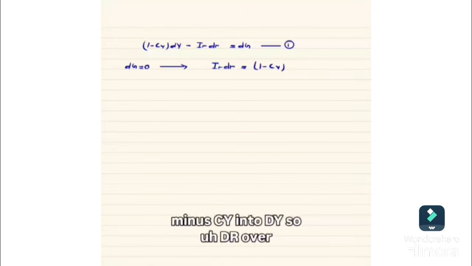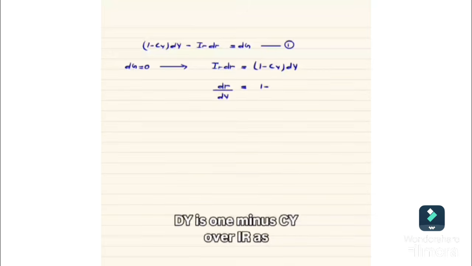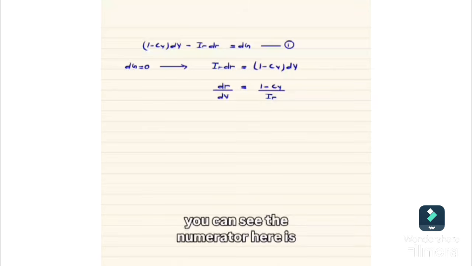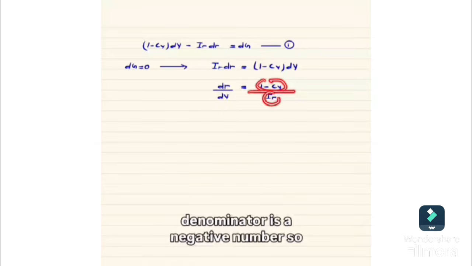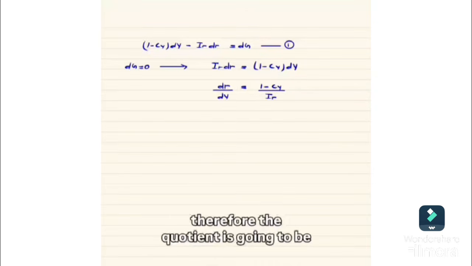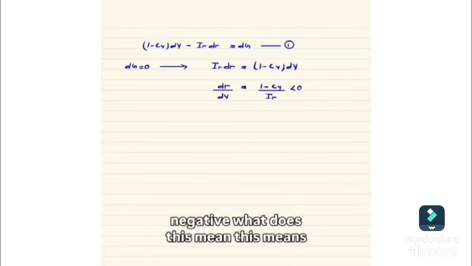So dr over dy is (1 minus C_y) over I_r. As you can see, the numerator here is a positive number and the denominator is a negative number. So therefore the quotient is going to be negative. What does this mean? This means that we have a negatively sloped IS curve.